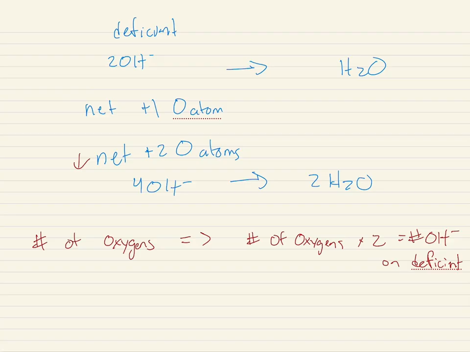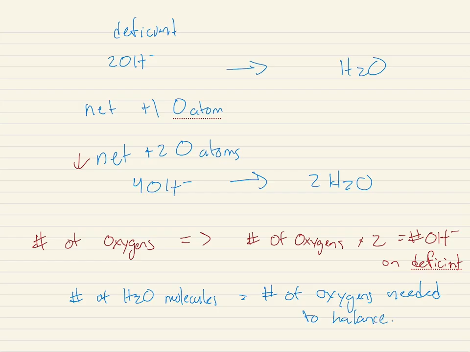For the side that we aren't adjusting the number of oxygens, we need to, at the same time, add a number of H2O molecules equal to the number of oxygens needed to balance the half reaction.